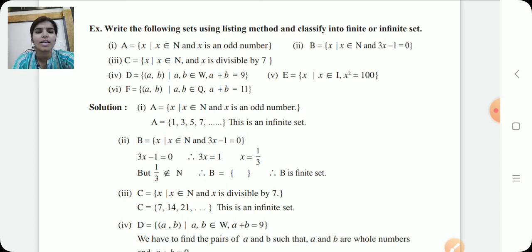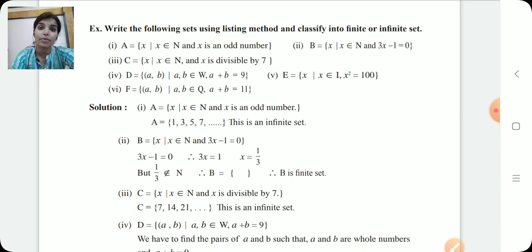Our first example is: A is the set of all x such that x belongs to natural numbers and x is an odd number. So we write A is the set of x where x is a natural number and odd. All of you know natural numbers start from 1, 2, 3, 4, 5 and so on.